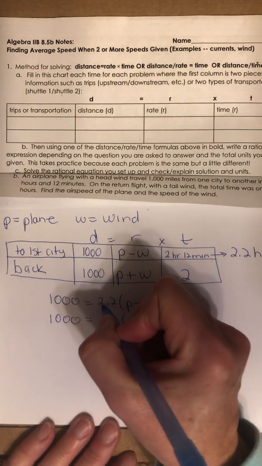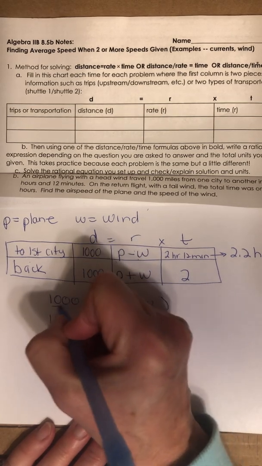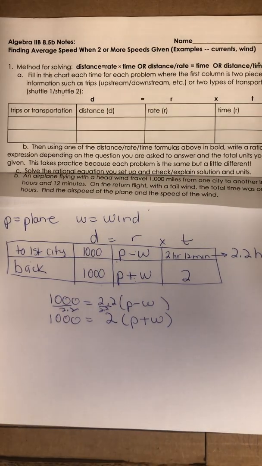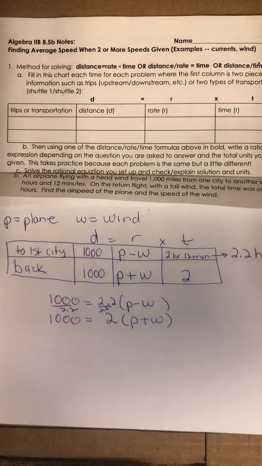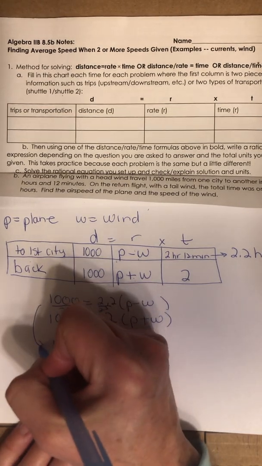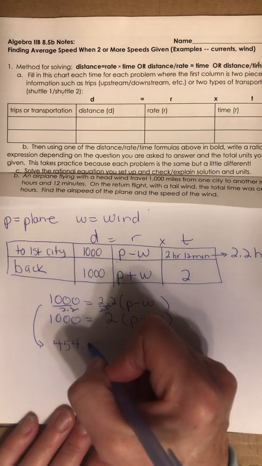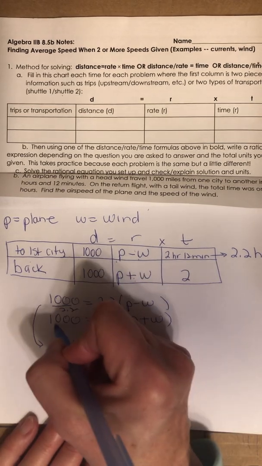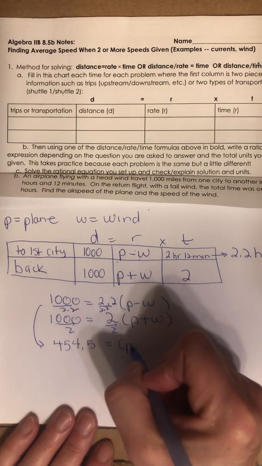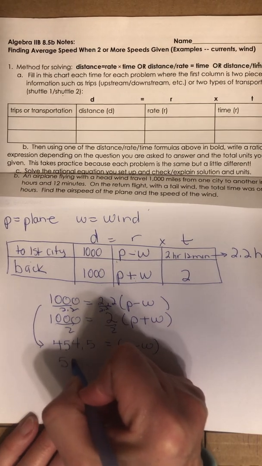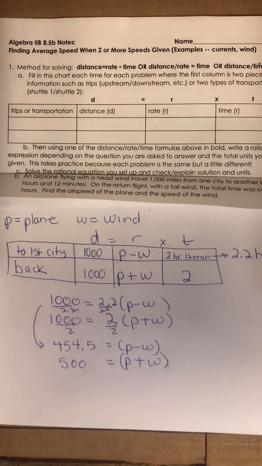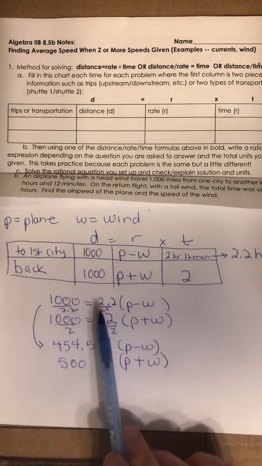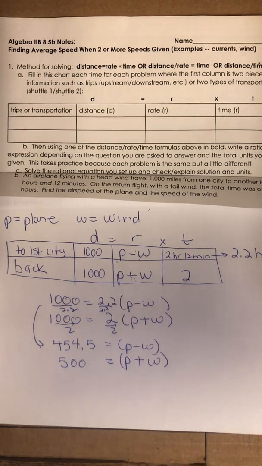For the first equation, I am going to divide by 2.2 on each side. Make it a little nicer. 1,000 divided by 2.2 is 454.5. On the second equation, I'll divide both sides by 2, and that's 500 equals P plus W. There we go. So I divided the top equation by 2.2, the bottom equation by 2.